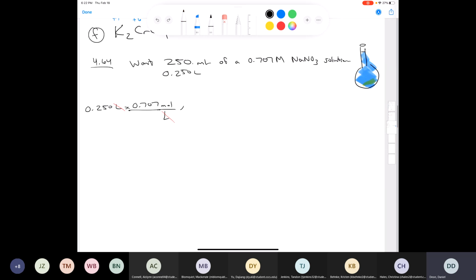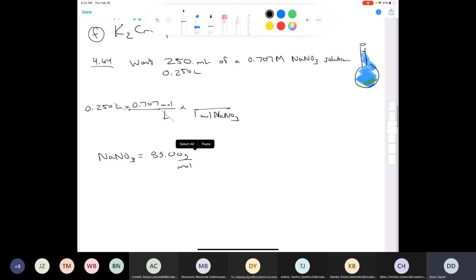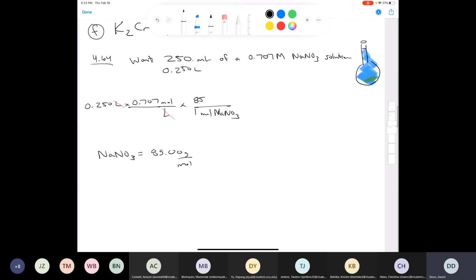But I can look up the molar mass of sodium nitrate from my periodic table. It is 85.00 grams per mole. So I can use that conversion factor. I know that in 1 mole of sodium nitrate, I have 85.00 grams of sodium nitrate.